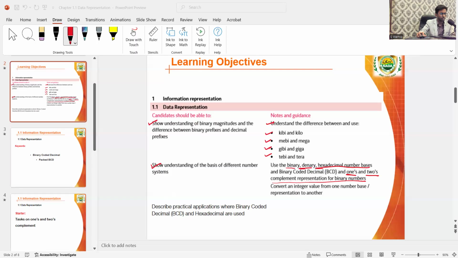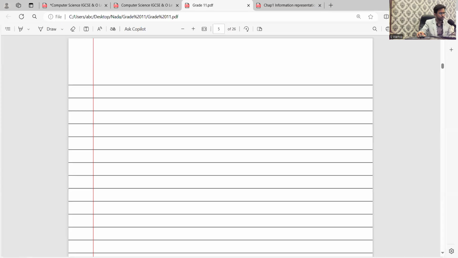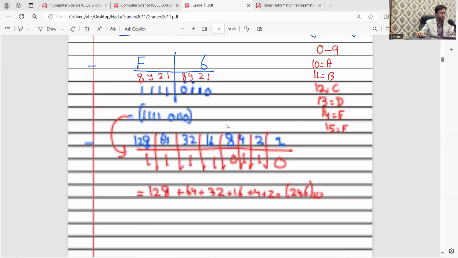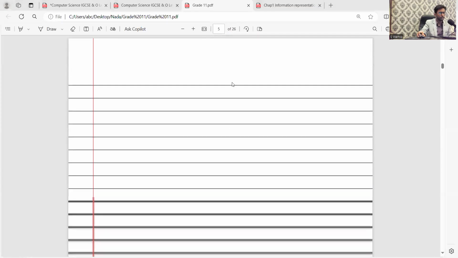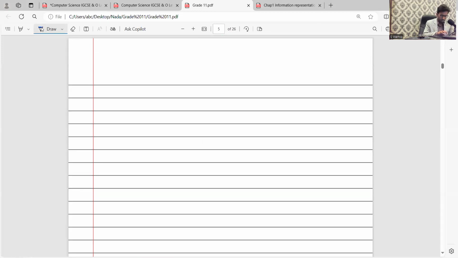So let's go ahead. One's complement and two's complement. Even before starting this, I want to give you the concept of why there is a need for one's complement and two's complement.